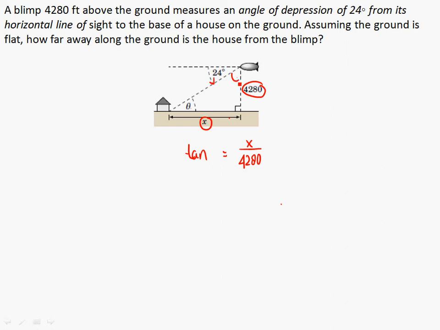And you can figure that one out. How much is this angle? How'd you get 66? Yeah, you do 90 minus 24. That angle is 66. So it's given to us indirectly. So you could have found that angle by doing that. And now you end up with the same problem that I just had, right? Cross multiply. And so it's 4,280 times the tangent of 66.